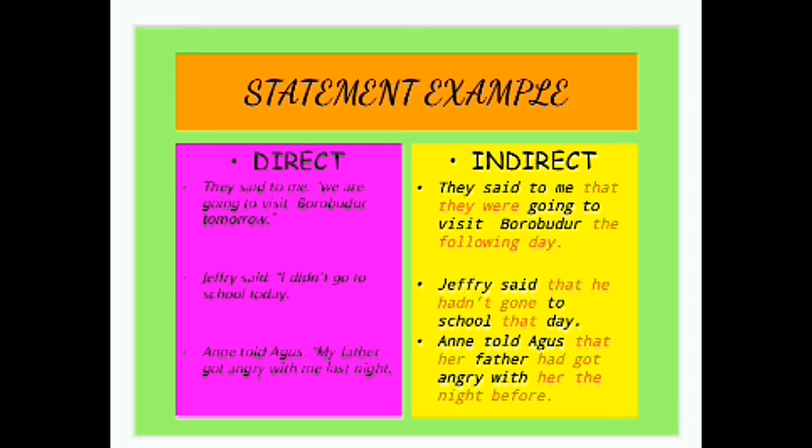And the next example: Jeffrey said, "I didn't go to school today." Jeffrey said that, the connecting word, he hadn't gone to school that day.